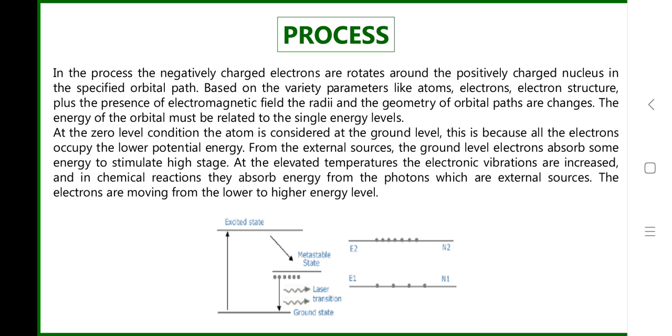From external sources, the ground level electrons absorb some energy to be stimulated to a higher state. At elevated temperature the electronic vibrations are increased, and in chemical reactions they absorb energy from photons, which are external sources. The electrons move from the lower to the higher energy level.